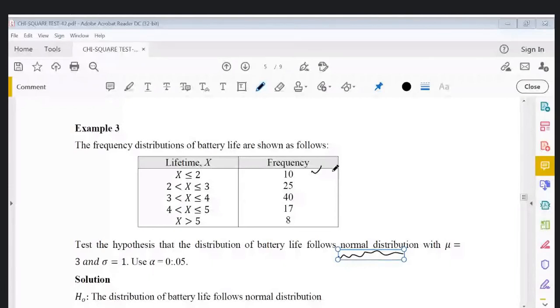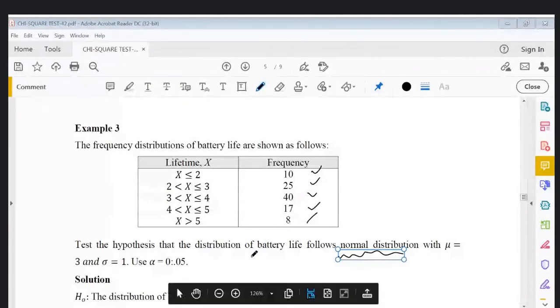We want to test the hypothesis that battery life follows a normal distribution. The parameters are given: mu is 3 and standard deviation is 1.